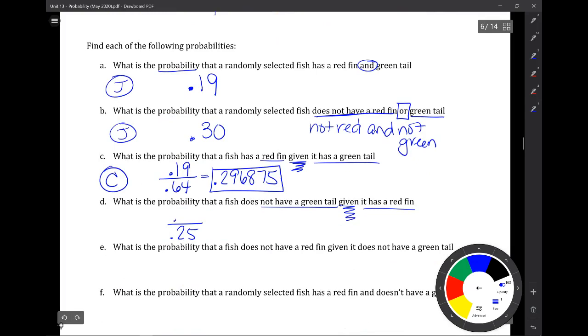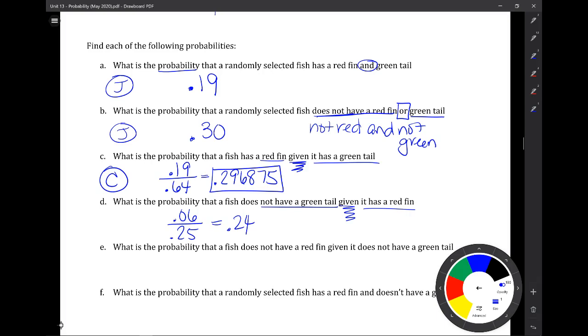So 0.06. Divide those two out, and actually it's not too bad of a number, 0.24. So kind of nice. Oh, no, I don't like that answer. That is not the answer. Oh no, actually it is. If only I knew how to edit this video. Yep, nope, that's all good.